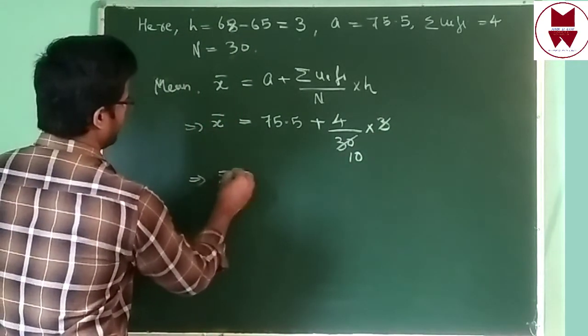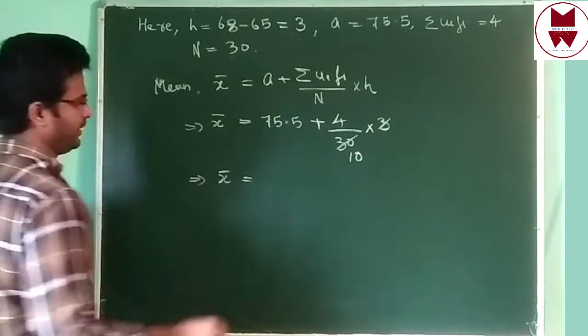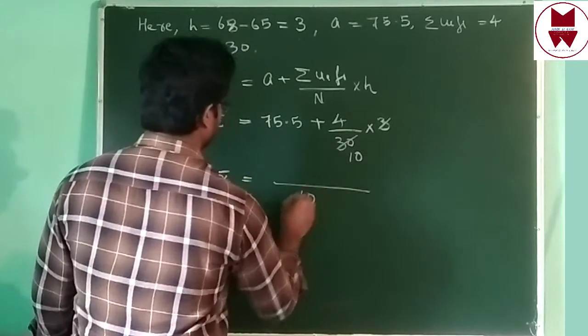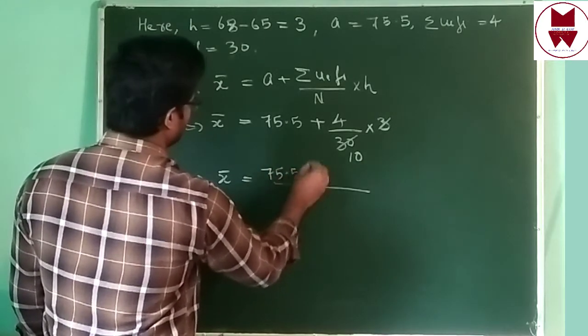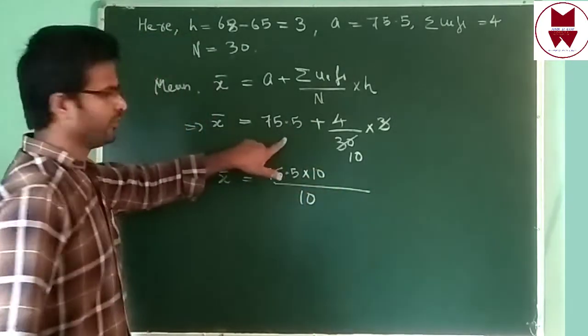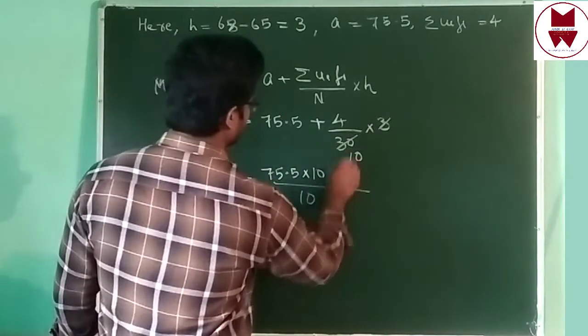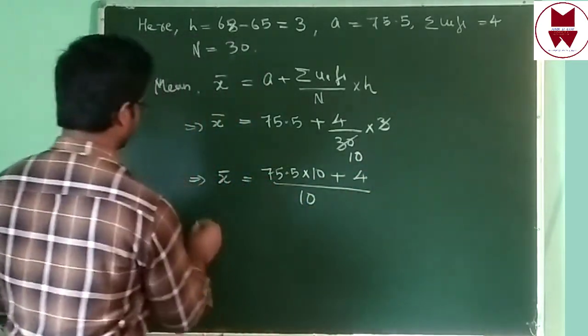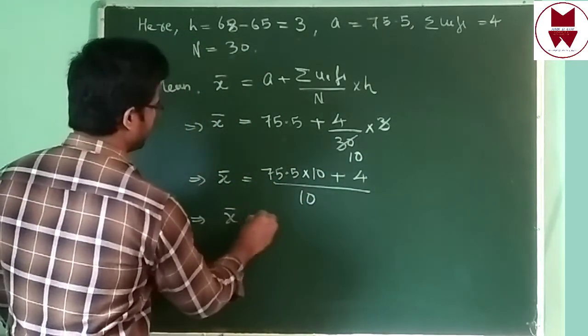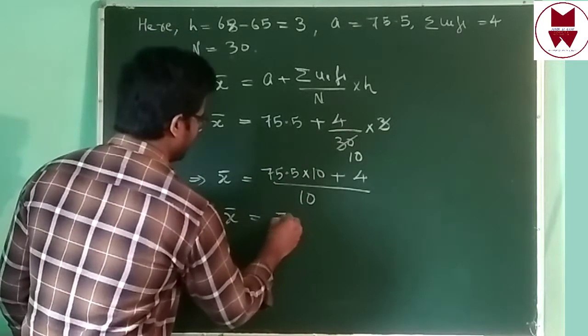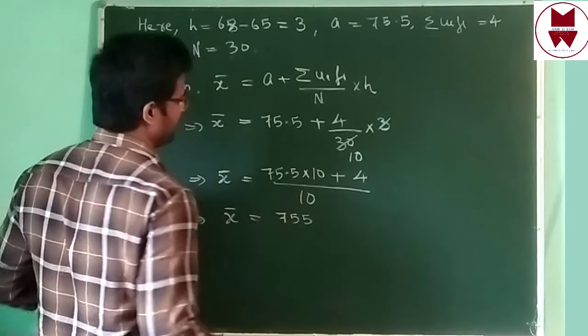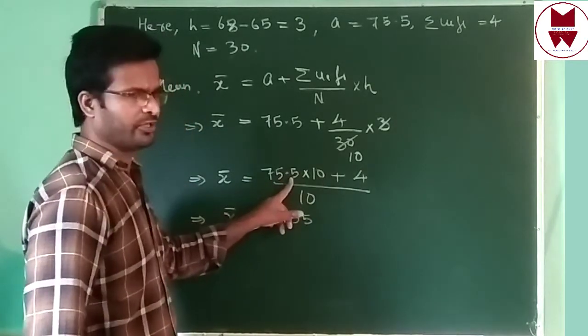Then x bar equal to, take LCM. What is the LCM? LCM will be 10. Then 75.5 into 10 because your denominator is in here, plus 4. x bar equal to 75.5 into 10. You will get 755 because 1 0 after point 1 number, isn't it?